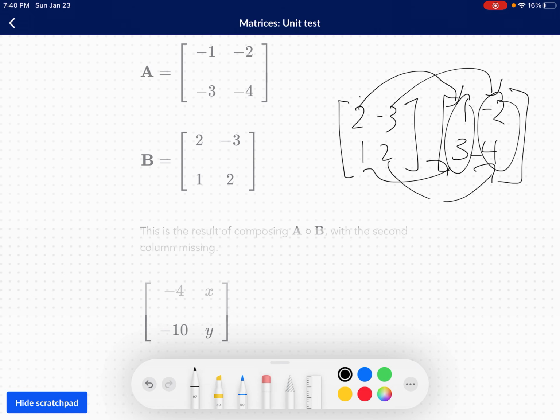Hold on. So 0, what? So B. So this is B, and this is A. So 2, 1, 3, and add to -3, -2, -4. Continue with that plan earlier.